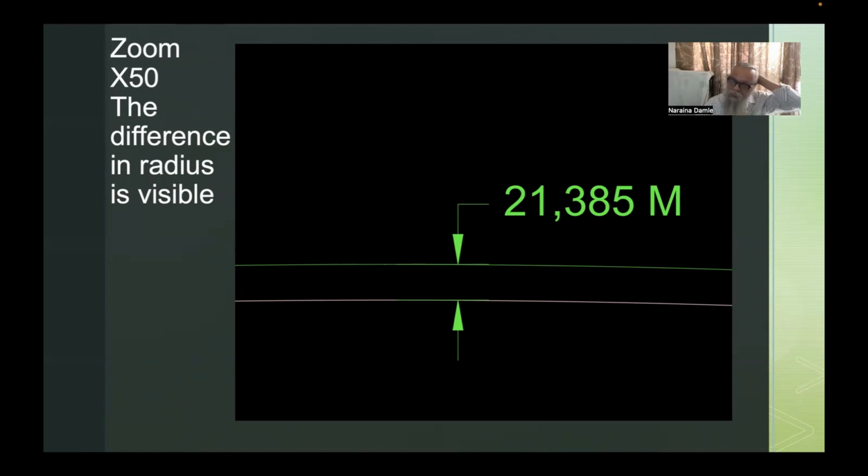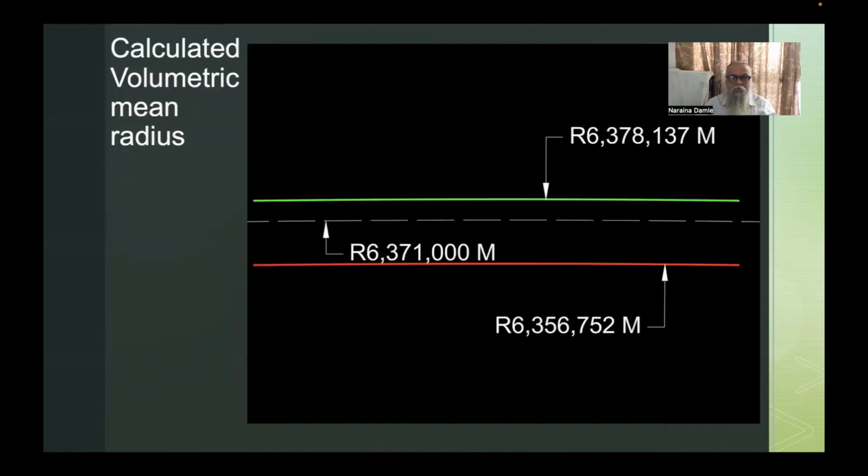Now, what the scientists have done is they have also calculated theoretically another radius, which they call the mean radius. Mean radius itself can be calculated in more than one way, considering a mean sphere which has a surface area equal to the surface area of the spheroid, or you can do it by volume.